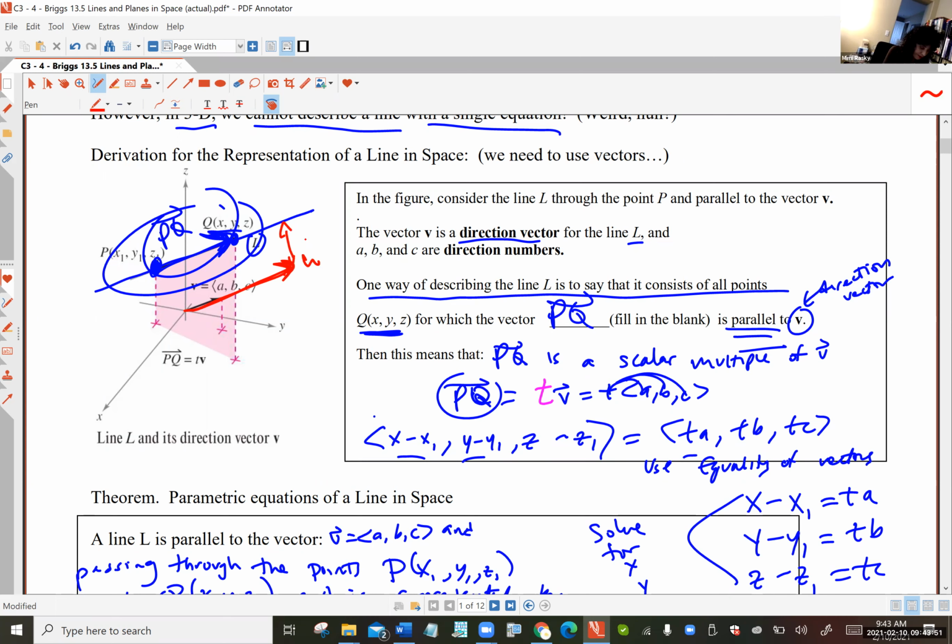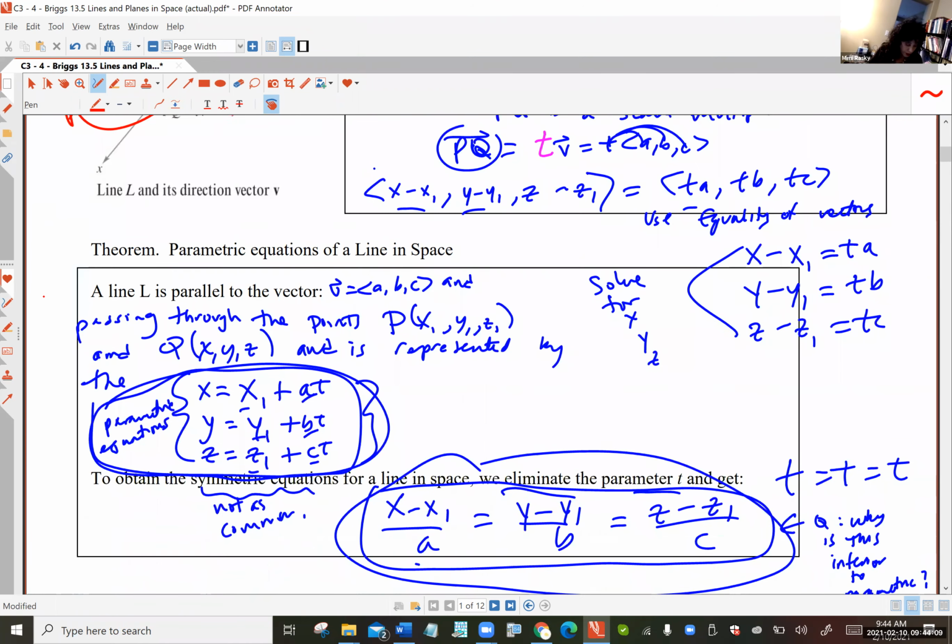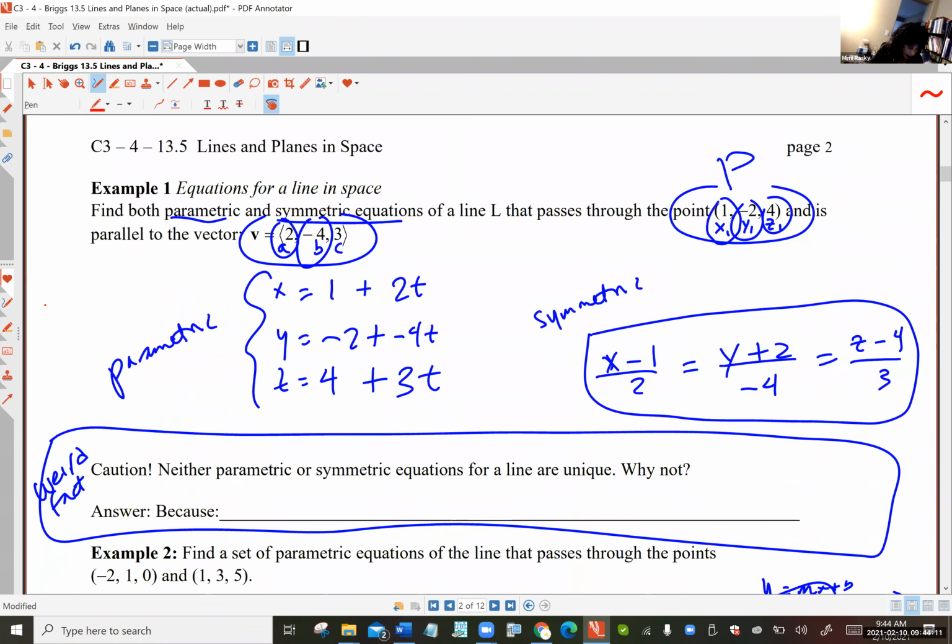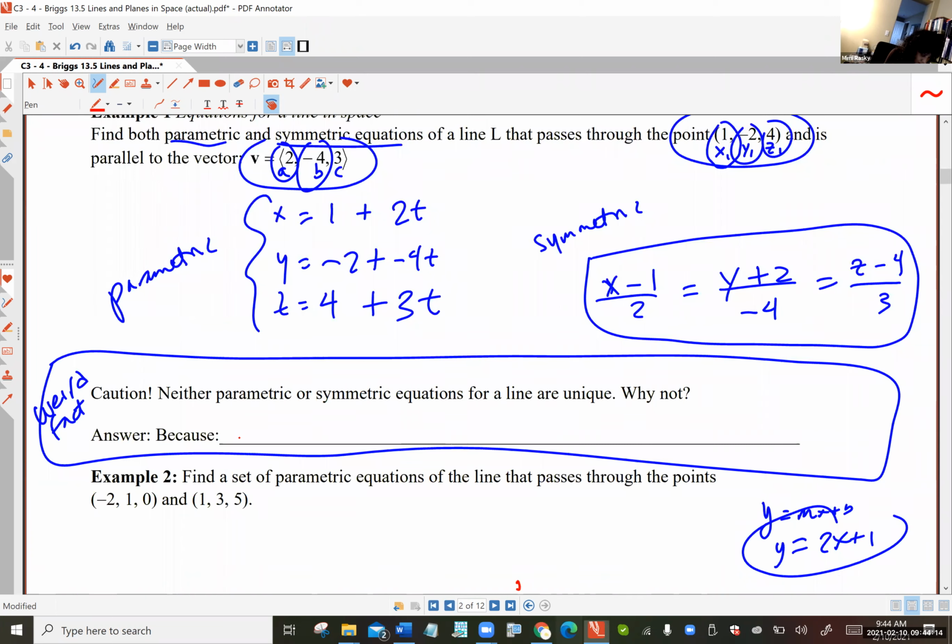Call it W. Or maybe I use a vector pointing in the opposite direction, call that vector P. Either is still a legitimate direction vector for the line because it's parallel, and we could use its scalar components instead. So any multiple of the direction vector v will change the look of your parametric or symmetric equations. You'll have different numbers.